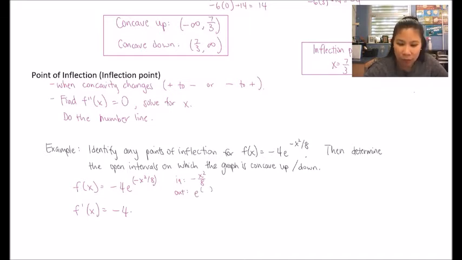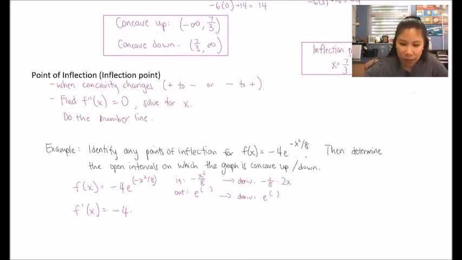Well, the derivative of the inside is going to be a constant of -1/8 times x². So the derivative of x² is 2x. And then the derivative of the outside is just e to whatever power, because for e to the x power, the derivative is just itself.